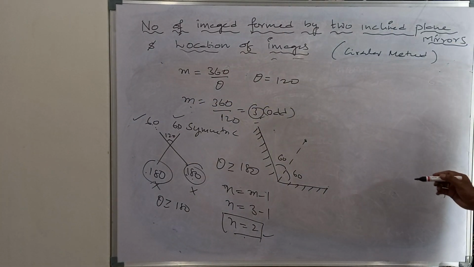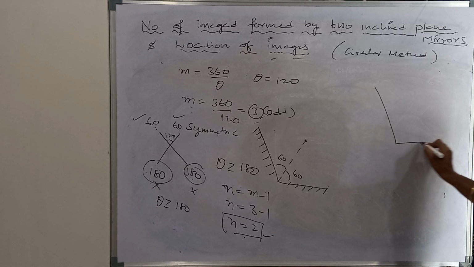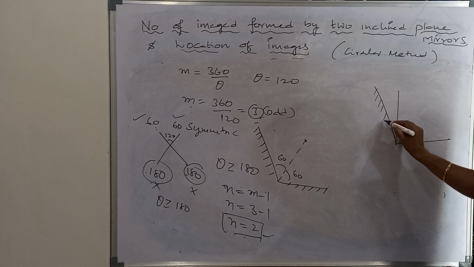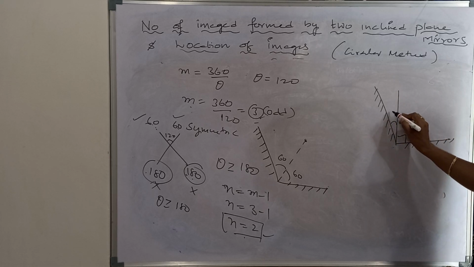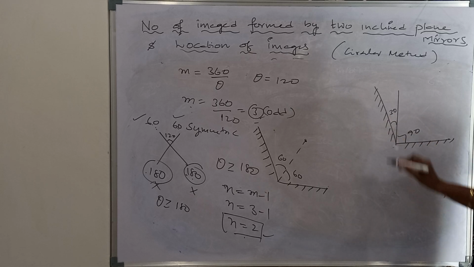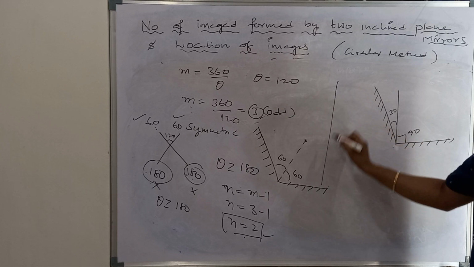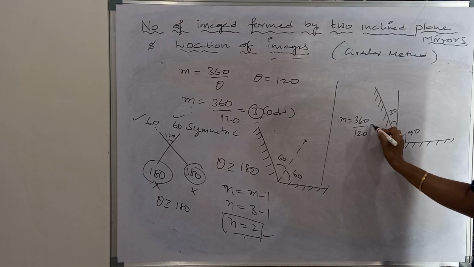Let us take the asymmetric case. Asymmetric case is simple. This is mirror 1. This is mirror 2. Let us suppose this is 90 and this is of course 30. Total is 120 of course. So as usual, m is equal to 360 by 120. It is 3.